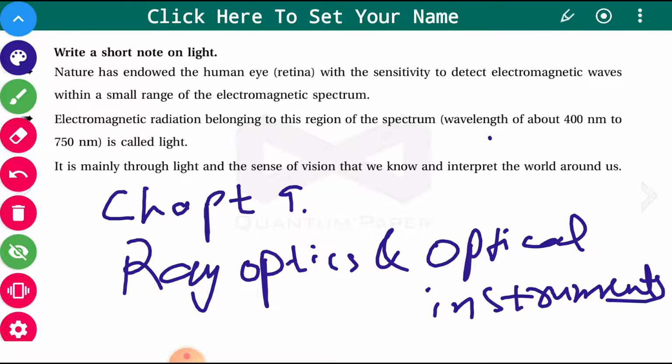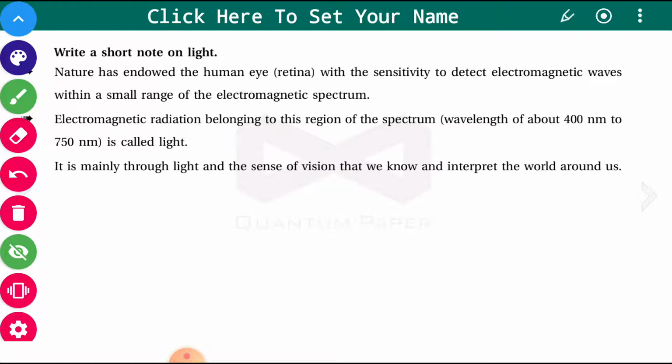As such, this kind of question is generally not asked in the examination, but for the sake of understanding, this question is discussed here. See, nature has endowed the human eye with the sensitivity to detect electromagnetic waves within a small range of the electromagnetic spectrum.